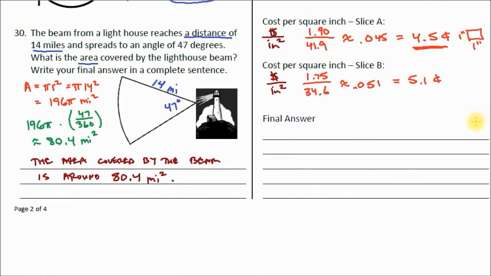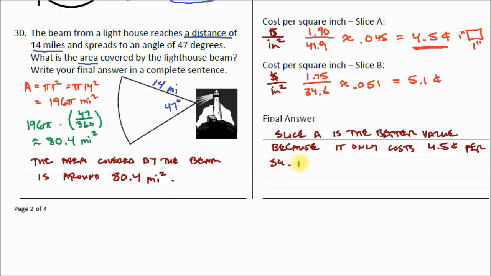So our final answer should be something like this. You can write this however you want, but I'll put on here, slice A is the better value because, here's our evidence, it only costs 4.5 cents per square inch compared to 5.1 cents per square inch for slice B. So there's a good explanation.